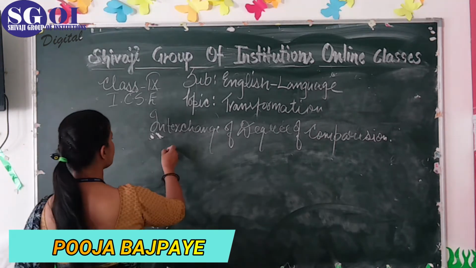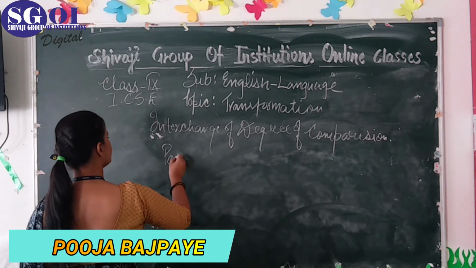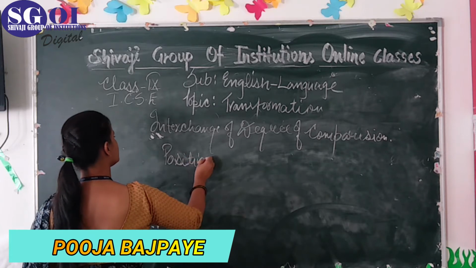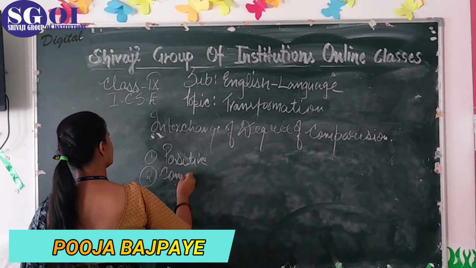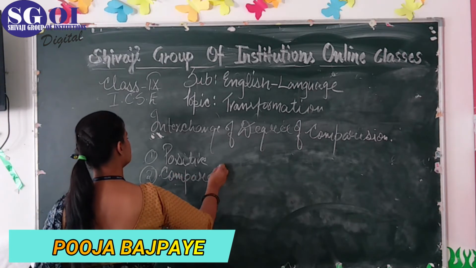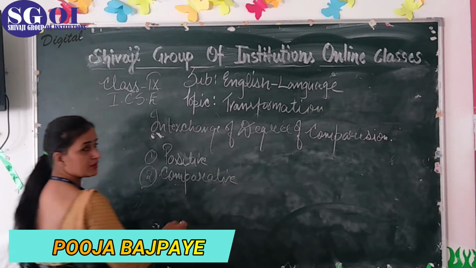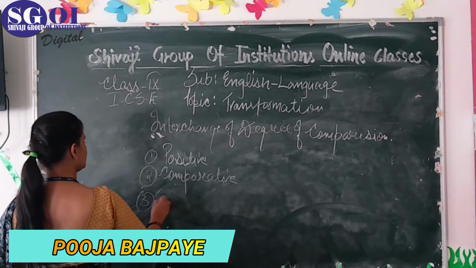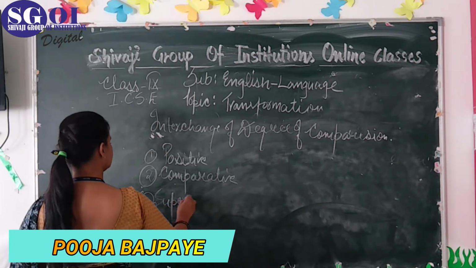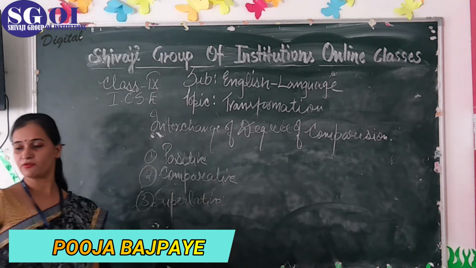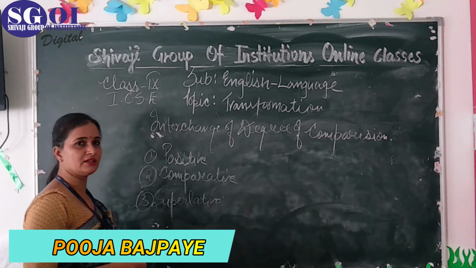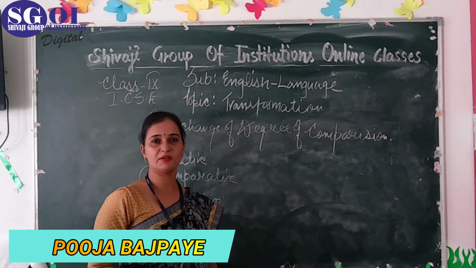There are 3 degrees, as you know. Number 1, positive. Number 2, comparative. And number 3, superlative. These are the 3 degrees before you. Now let's see which type of word comes in which category.